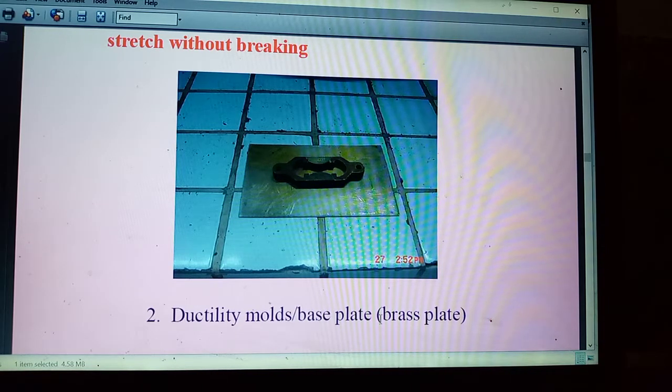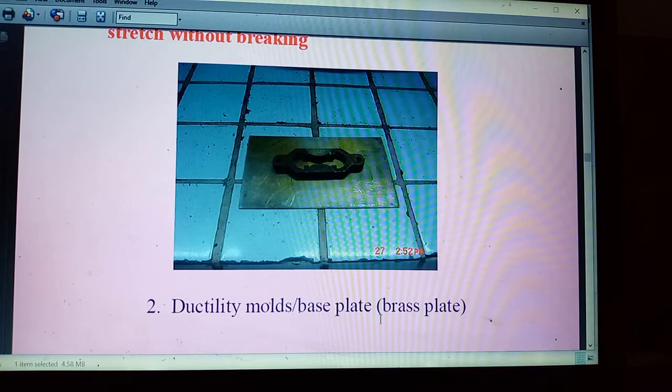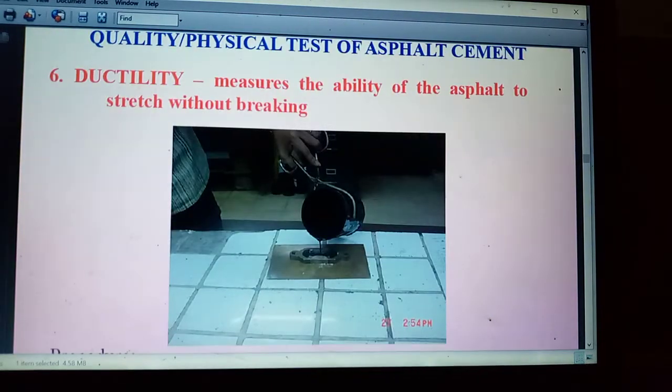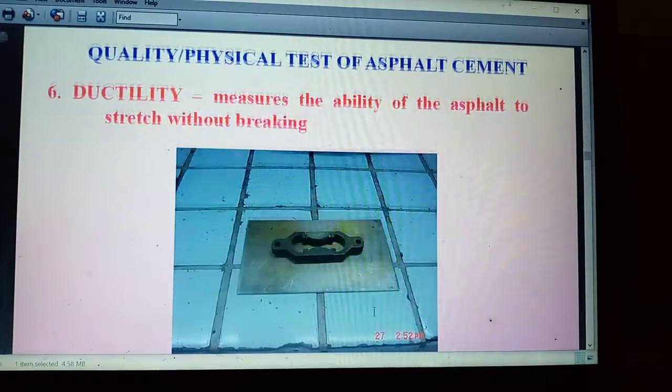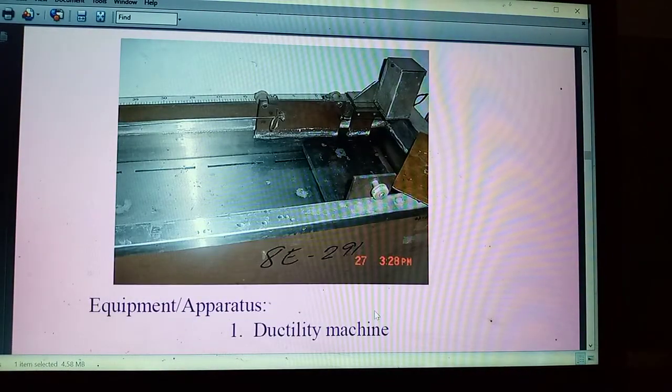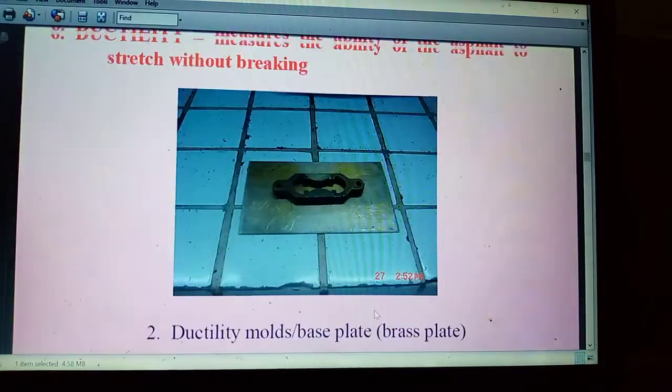So, yung base plate mo is dapat made of brass, okay? Hindi steel. Yung brass, yun ibang mixture yun ng steel yata at saka copper. Yan yata yung brass, okay? So, ulitin natin, ito yung mga aparatos or equipment natin, ductility machine, and then, ductility molds.